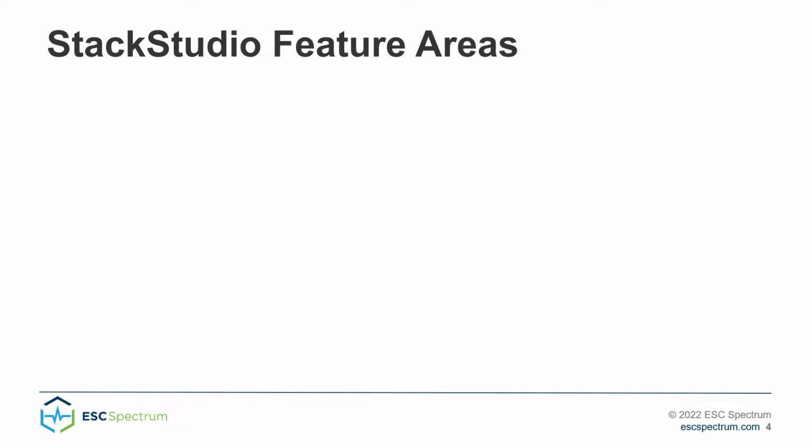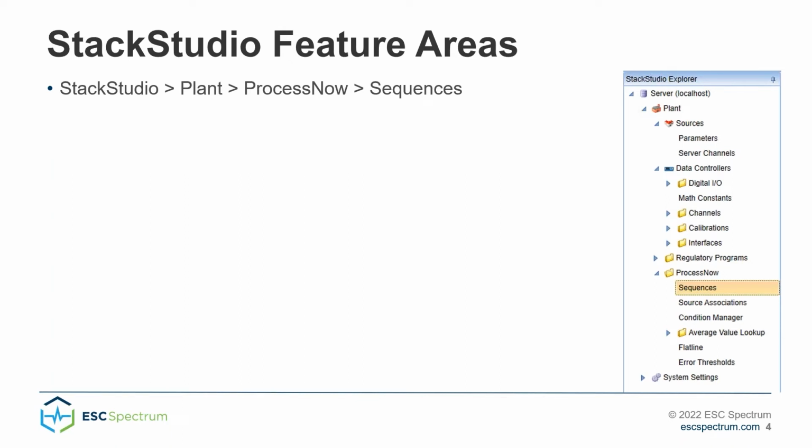All right, so within StackStudio, you'll want to go to StackStudio Plant ProcessNow sequences. You'll see over on the right this image indicating the selection tree for that. And then once you're there, you'll select the sequence. You can either put this Flatline task in your hourly sequence, or you can create a new ProcessNow sequence.